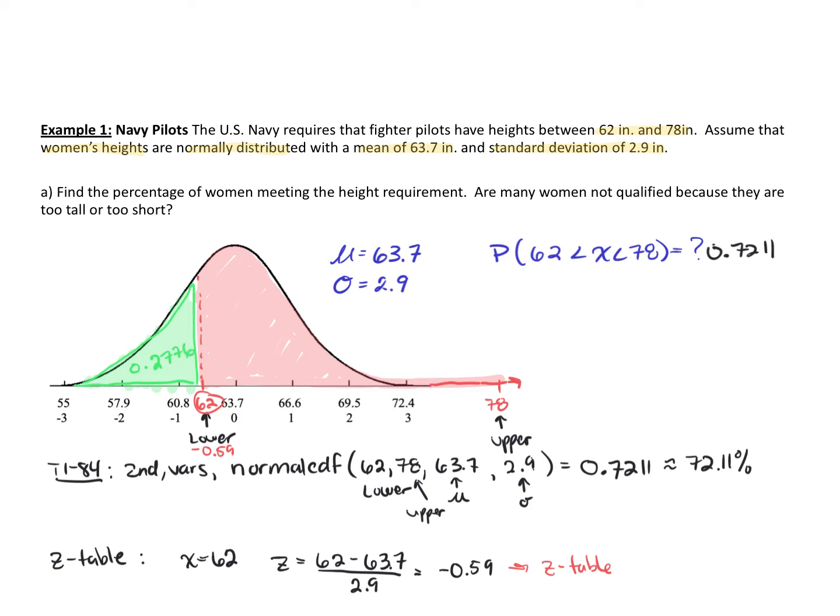So to find the area that is in red, you would have to take 1 and subtract 0.2776, and that will give us 0.7224, which hopefully you can see is very close to what we got from using the calculator. Now, the reason for any differences between using the z-table and the calculator is all due to rounding, because remember, when we calculated that z-score, we already rounded it, and so it's just due to some rounding errors.